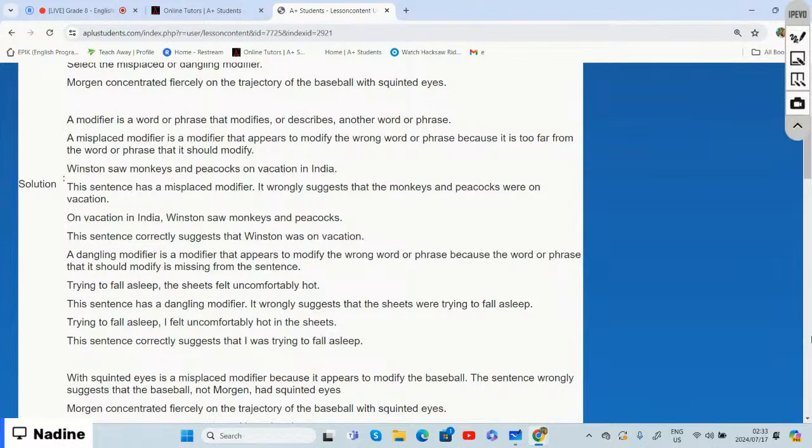Then we said we have a misplaced modifier. And a misplaced modifier is a modifier that appears to modify the wrong word or phrase because it is too far from the word or phrase that it should modify.